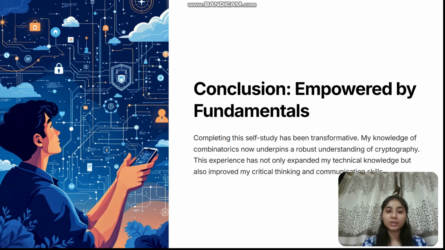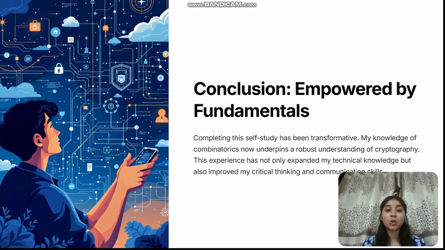So, in conclusion, completing the CS 202 discrete structure course and reading the article Combinatorics in Cryptography and Cybersecurity has equipped me with valuable skills in cryptography and combinatorics. I have gained hands on experience in implementing cryptographic systems, and my understanding of how combinatorics strengthens encryption has deepened.